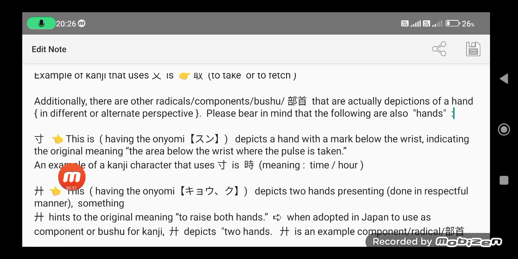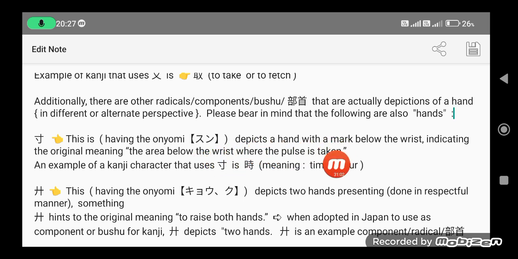This is a hand in which the progenitors of this kanji radical, or Kangxi radical, mean that it's the part of the hand where the pulse is taken. It's usually about three centimeters. So it's still a hand, having the onyomi soon.